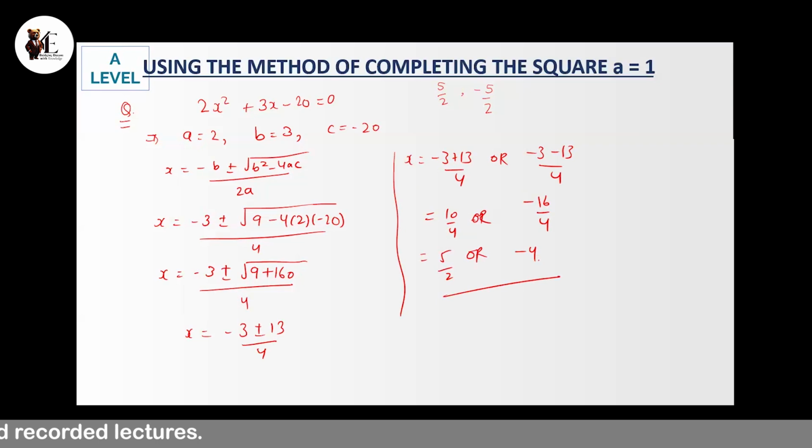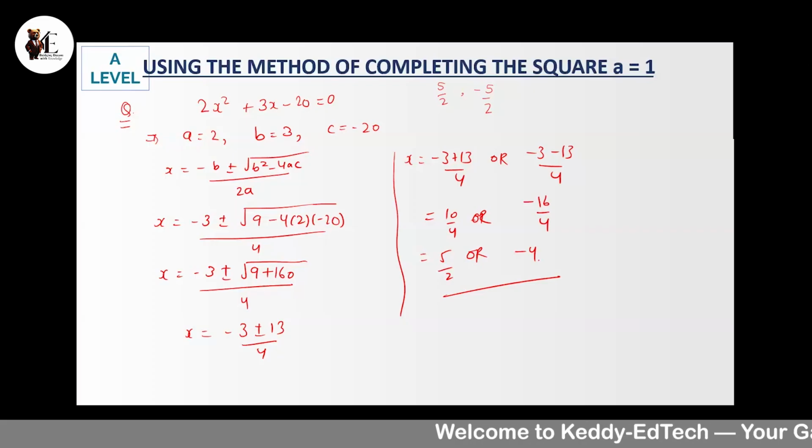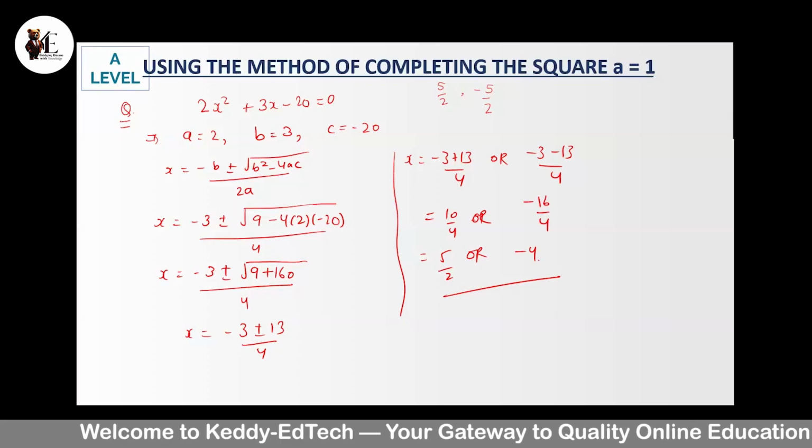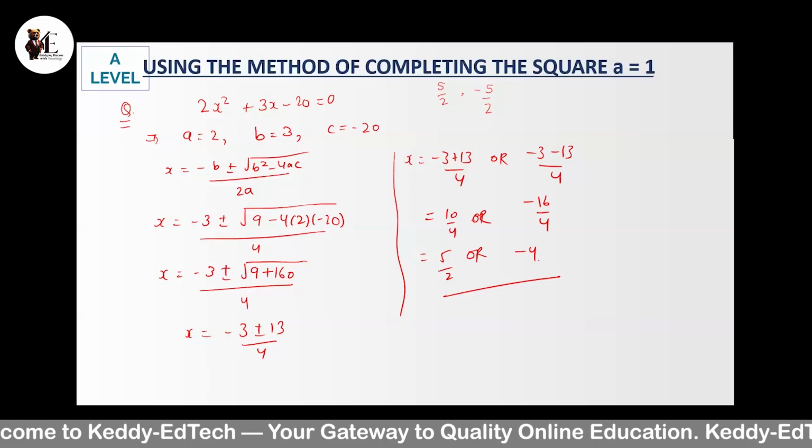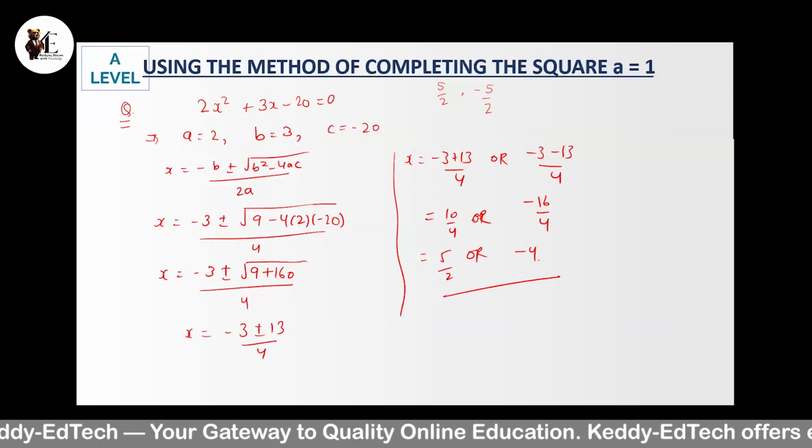-16/4. Yes, please. Wait, I have to check. So -3 minus 7 is -10. So how did you get -7? What did I put? Wait, did I put -7? Oh, okay. That was a glitch from my side. I don't know why I did that.